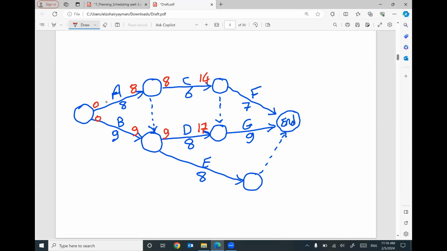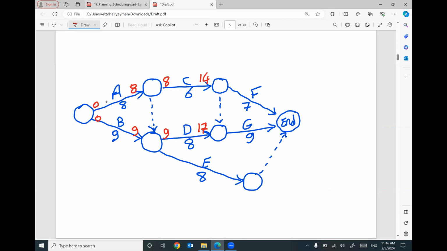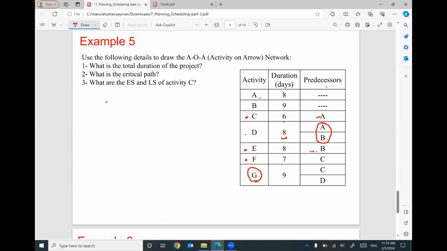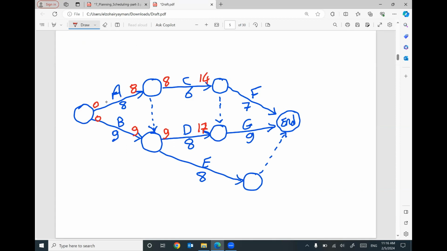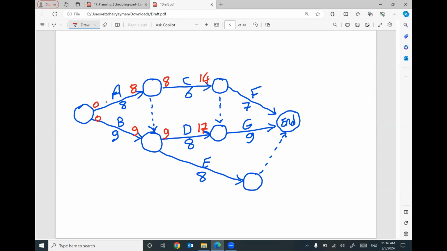So how can I make B the only predecessor for E? I cannot. So looks like we have here a mistake in the table for the project. E has a predecessor A and B, both of them, to be correct. That makes sense. So I'm sorry, we have a mistake here. This one should be A and B, both of them. That makes sense. So let's keep going.